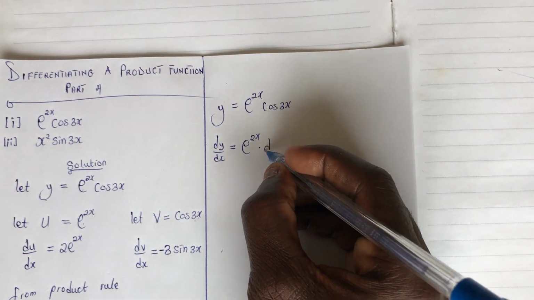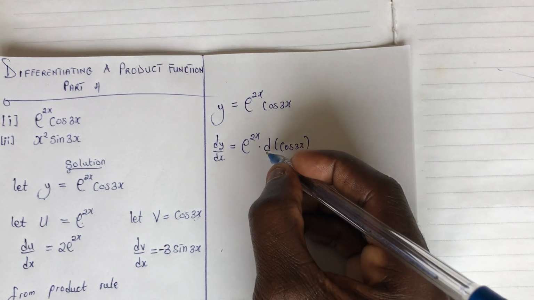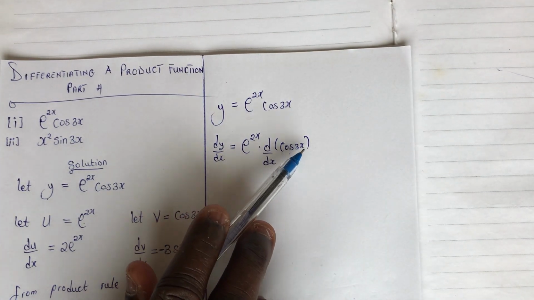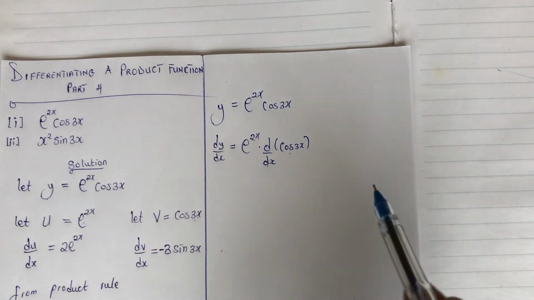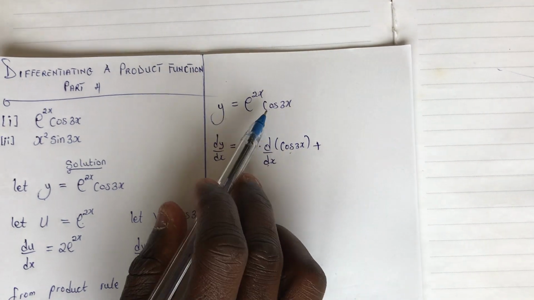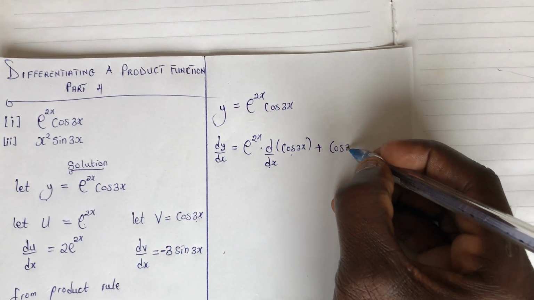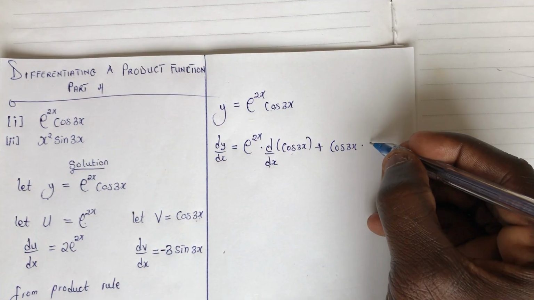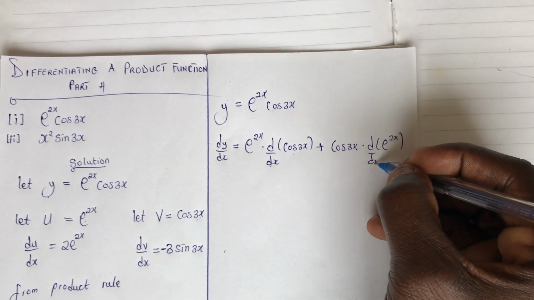That means take the derivative of cos 3x with respect to x. I'm differentiating cos 3x with respect to x. Then plus, now pick and maintain the second function, which is cos 3x, multiplied by the derivative of the first function, d of e raised to the power 2x dx.